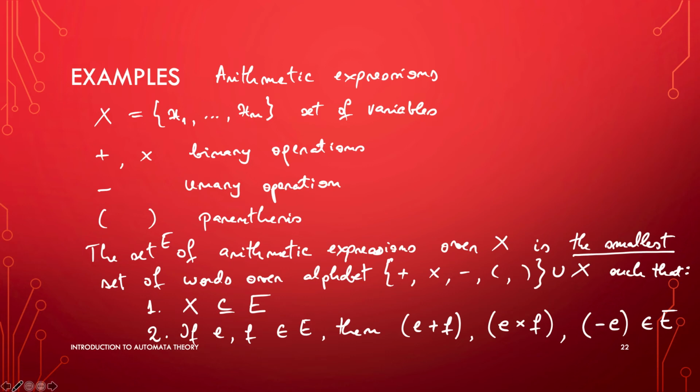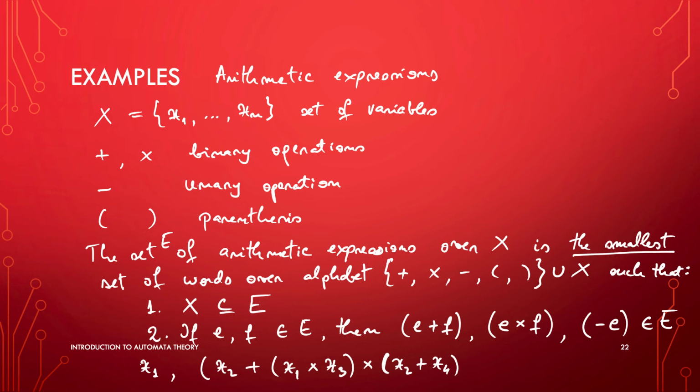So for example, you would obtain, like I said, a single variable. That's an arithmetic expression. But you could also have, for example, things such as x2 + x1 times x3 times maybe x2 + x4.